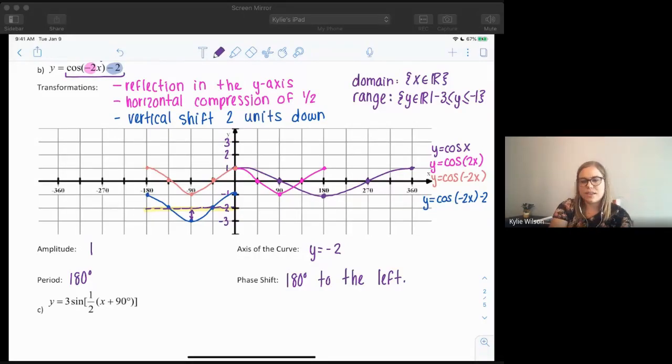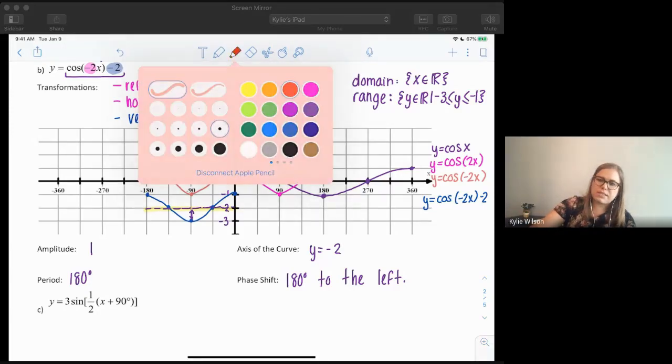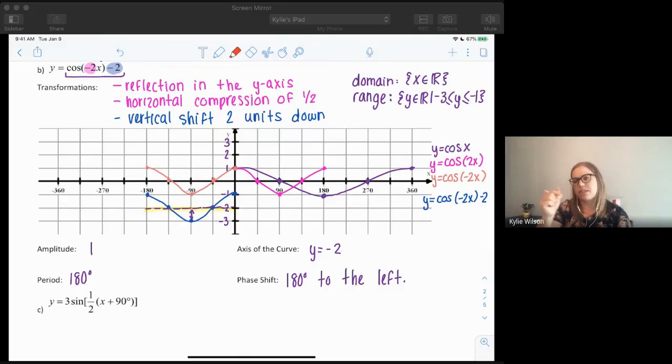So my phase shift is 180. So you might see some places that don't include this phase shift, because if I were to continue it on forever, it would just keep moving in the same direction. So after I compressed it, this is where it lived.